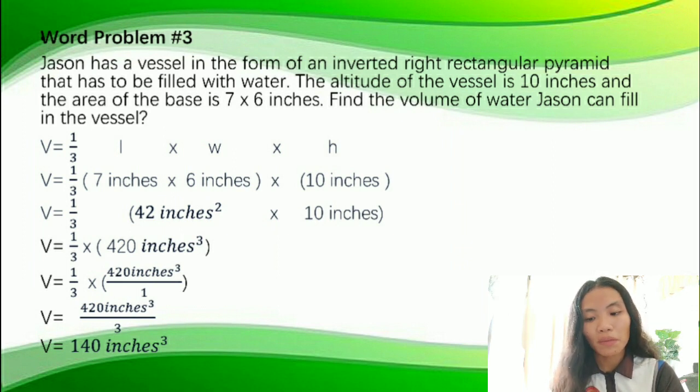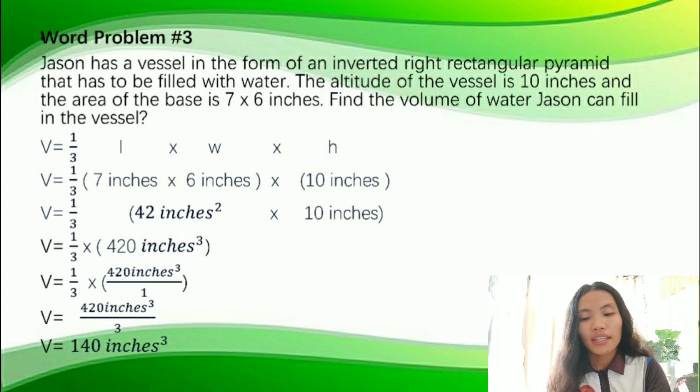We multiply numerator to numerator, denominator to denominator. So 1 times 420 inches cubed is equal to 420 inches cubed, still. Then 3 times 1 is equal to 3. That is not yet the final answer, we need to divide 420 inches cubed by 3. So the result is volume equal to 140 inches cubed.